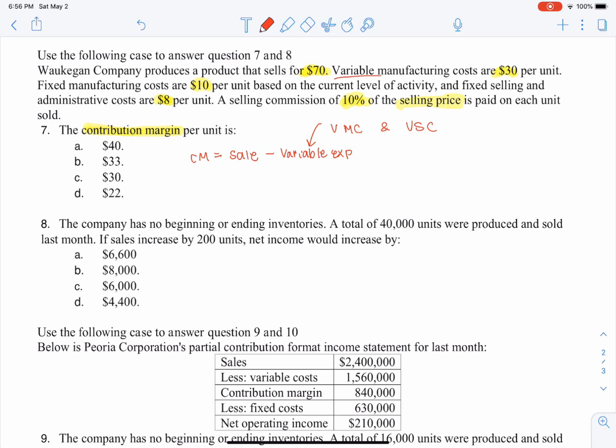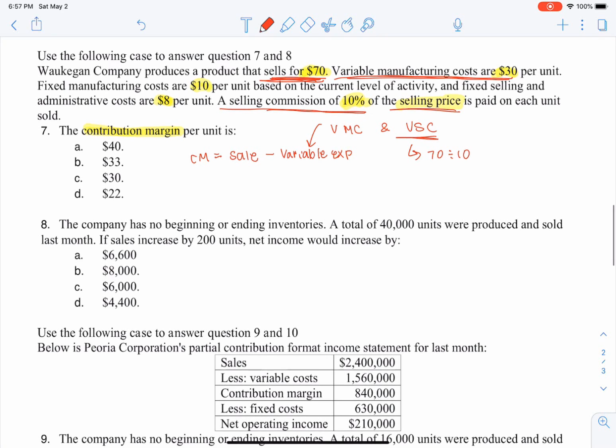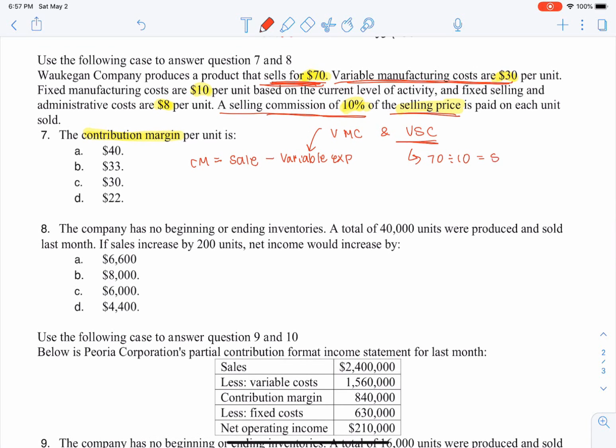So the variable manufacturing costs are given over here, and this is the sale price, which is $70, but we did not see the variable selling cost. But in the beginning, the problem told us the selling commission is 10% of the selling price. So, it means that 10% of the $70 selling price is our variable selling cost, which is $7.